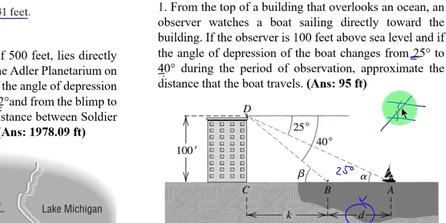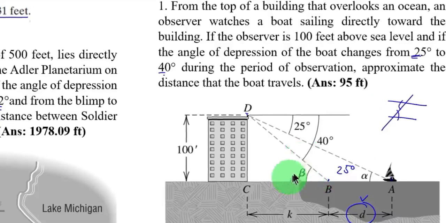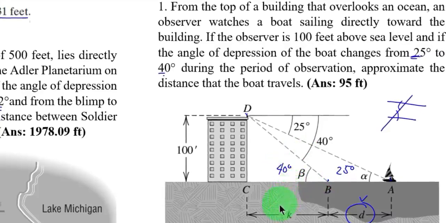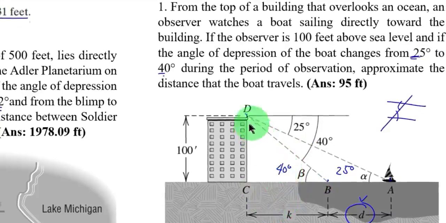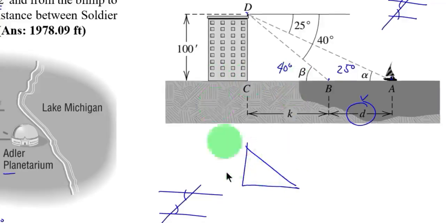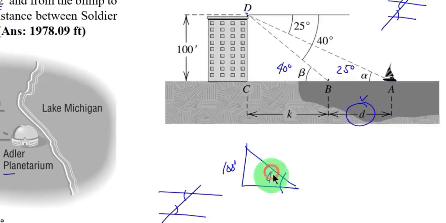These angles are equal, then this angle beta is therefore 40. So we have two triangles with a height of 100 feet. One triangle has a height of 100 feet and the base is this one. You can write 40 degrees here as your angle.